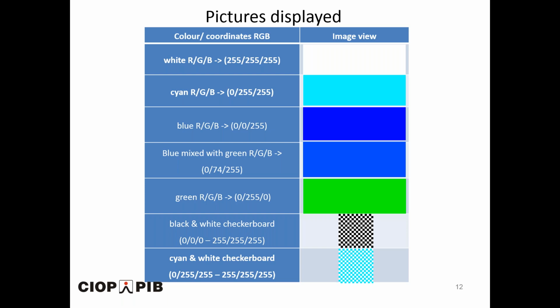The most important ones are the white, the cyan, the blue one, and the cyan and white checkerboard, with the black and white checkerboard being here as the simulation of normal text displayed on the screen.